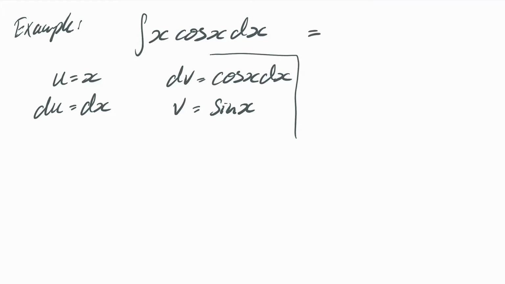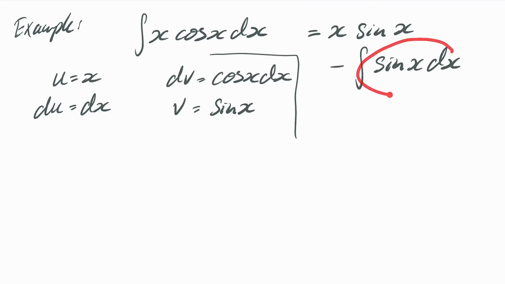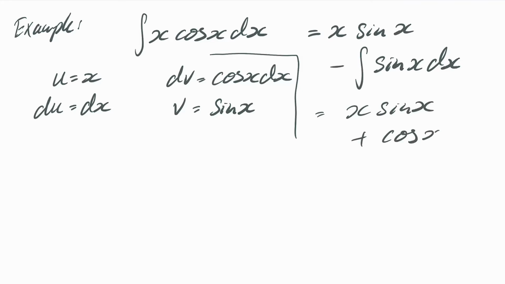Therefore, the integral becomes u times v minus the integral of v du, which is sin x dx. So what's happened here is by using the integration by parts formula, I've turned a product into an integral that I can now calculate. So this becomes x sin x plus cos x. And after the last integration is done, we add in a constant.